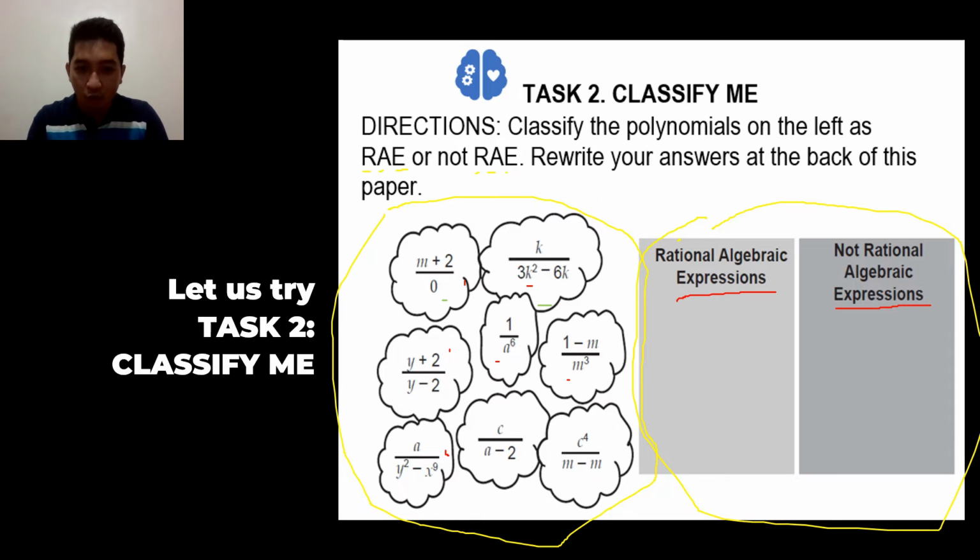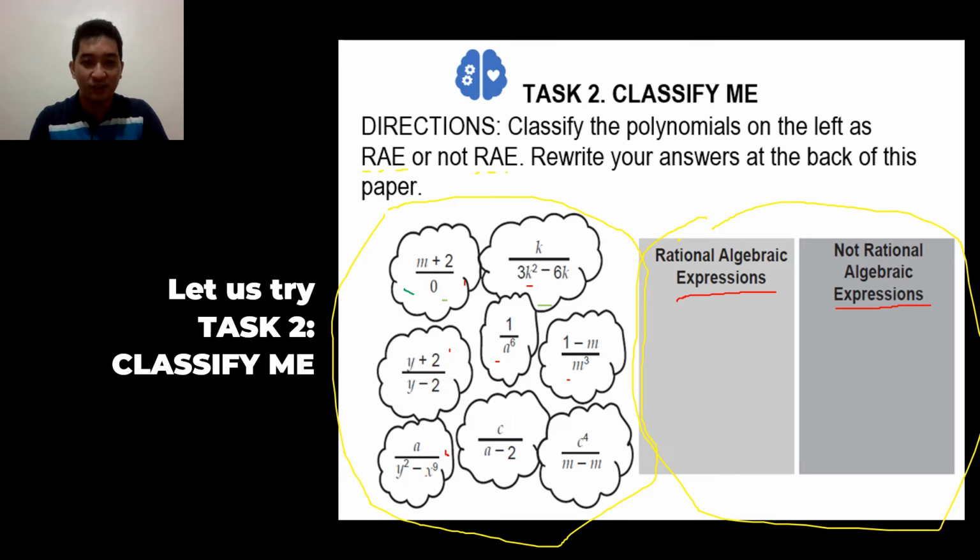M plus 2 all over 0. Ito ba ay rational algebraic expression? Sa inyong pagkakatanda, ano dapat ang meron sa isang algebraic expression? Dapat numerator, polynomial, denominator, polynomial. At dapat yung denominator hindi magzi-zero. Ano kaya ito? Rational o hindi rational?